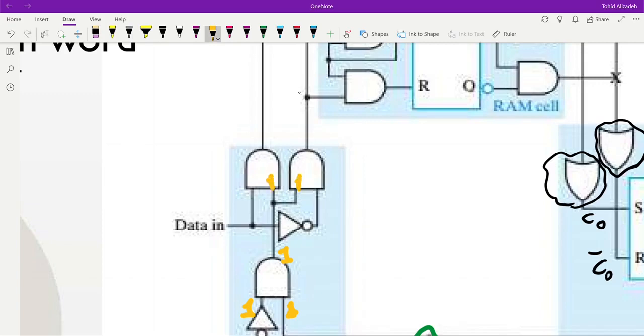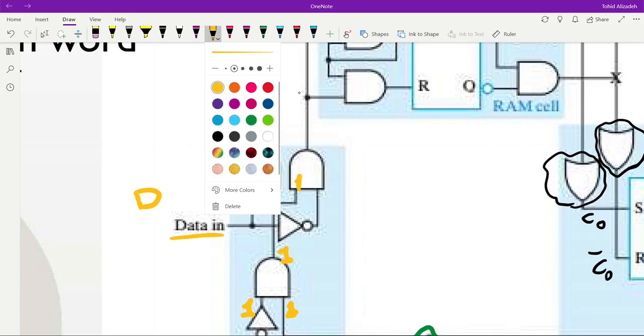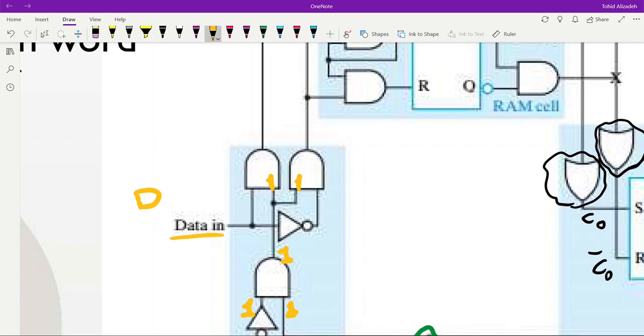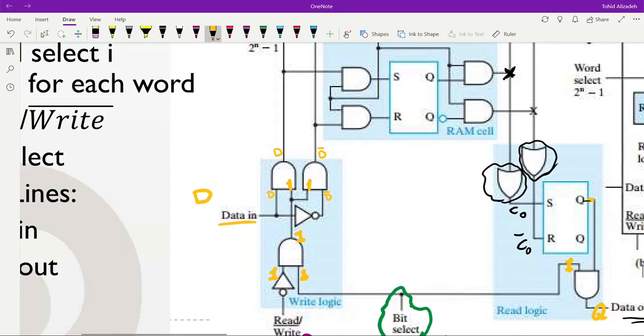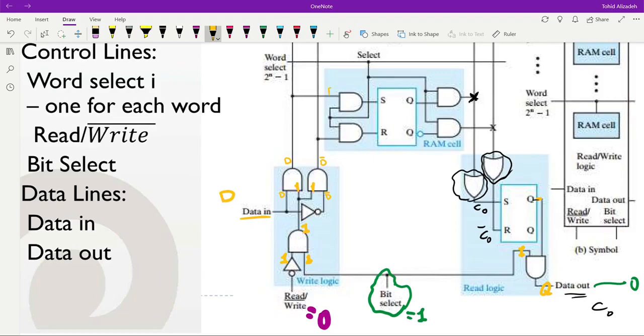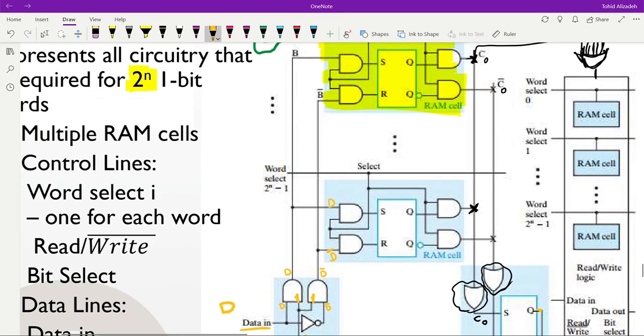We will have 1 here, 1 there, and then the data input, I can refer to it as D to make it simpler to show how it propagates in our circuit. So D will be here, and here we will have not D. After the AND gates, we'll have not D and D, and as a result, D and not D will be available at the input of the RAM cells.